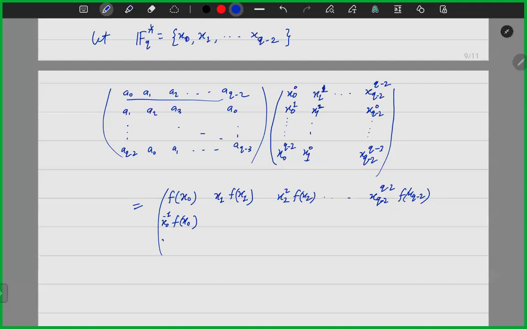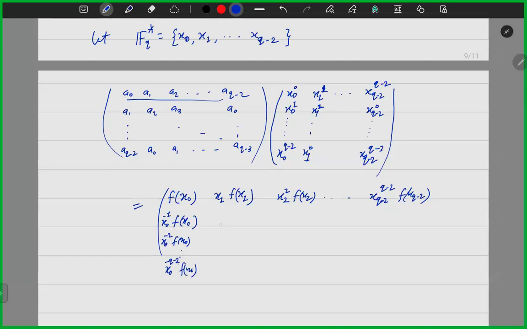So here you will get X0 power minus 2 F(X0), like this, and so on, up to X0 power Q minus 2 F(X0).